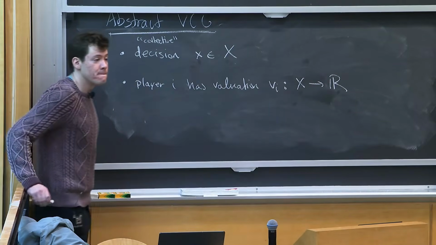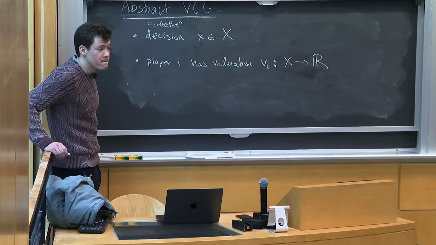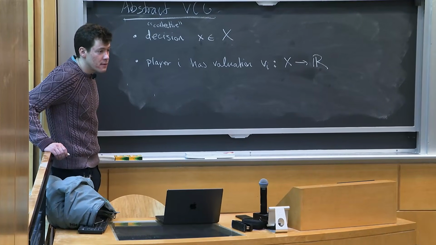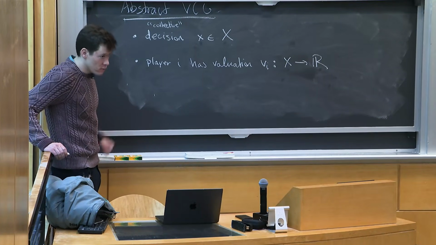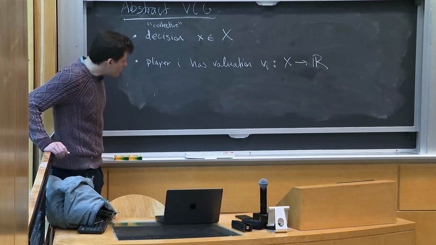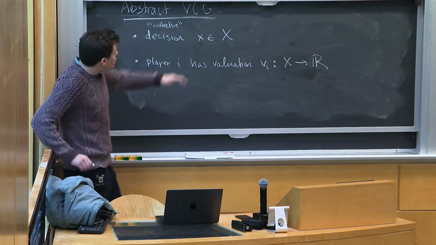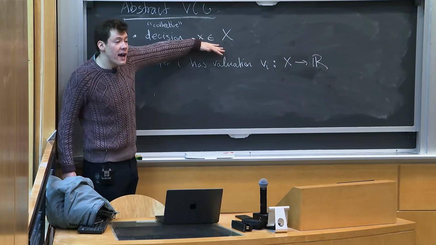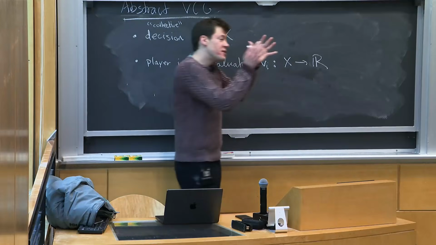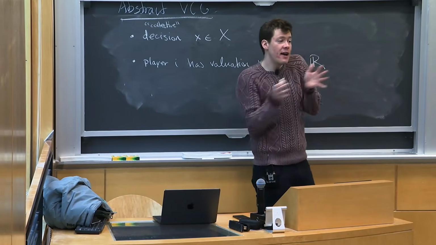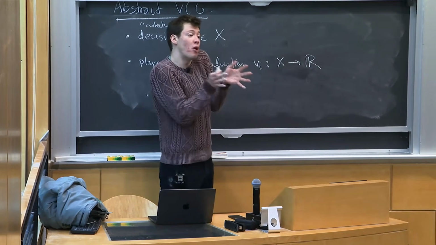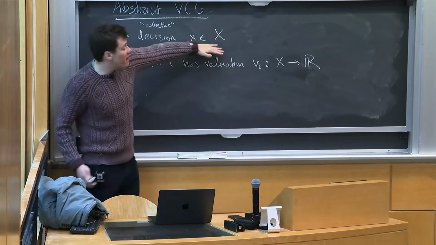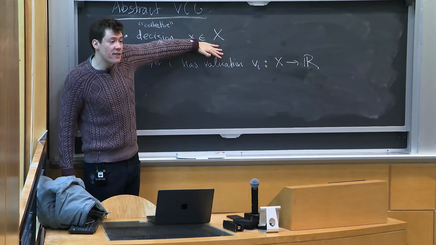Yeah? Why do you have to consider how other bidders are put in different auction slots? If you're in a fixed auction slot, can it just be your auction slot to your utility? It's a good point. If we're willing to impose more structure on x, maybe x says this is what you get, this is what you get, and my valuation only depends on my component of x. But at this level of generality, we're not even assuming that kind of structure.